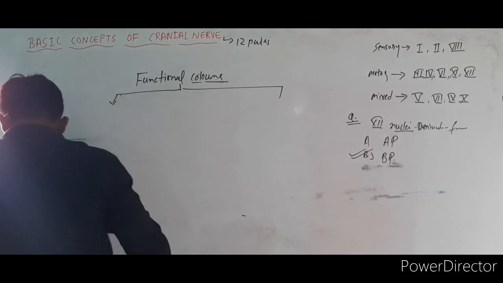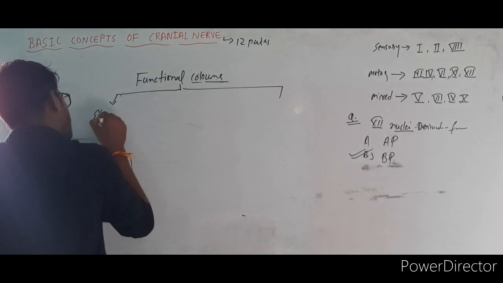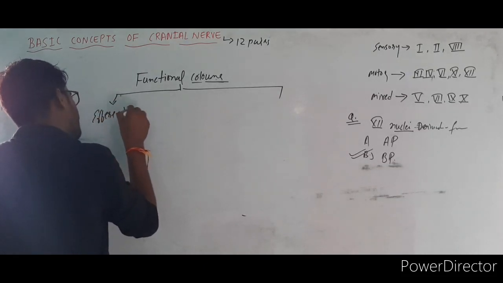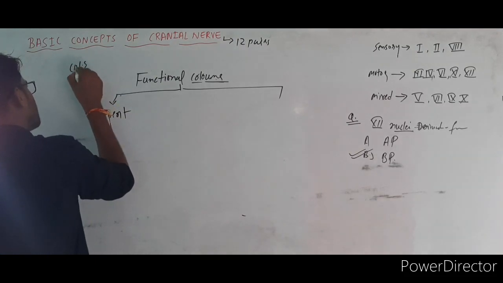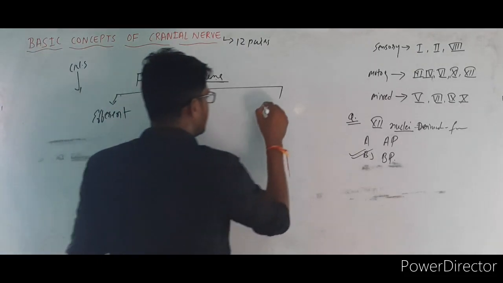So there are two types of nucleus. One is the efferent, coming from the central nervous system, and one is the afferent.